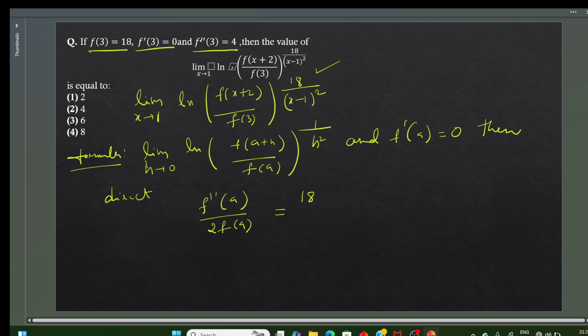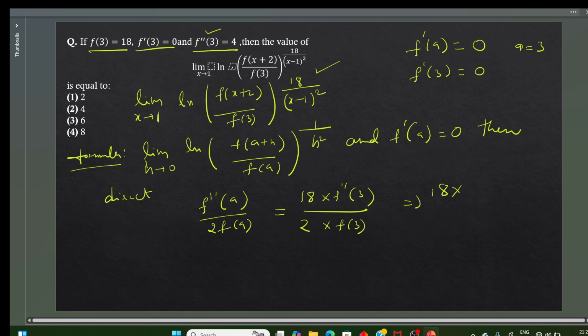Given f dash of a is equal to 0, which means f dash of 3 is equal to 0. f double dash of a, where a is nothing but 3, means f double dash of 3 by 2 into f of a, and f of a means f of 3.